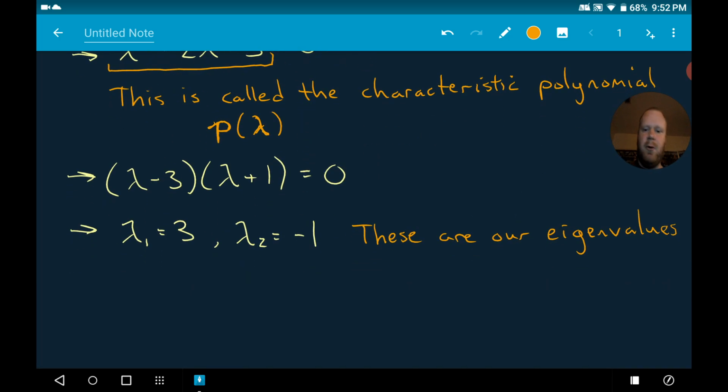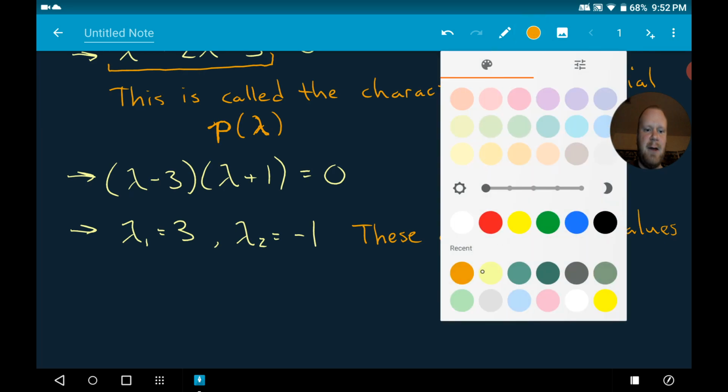Okay, so once we found our eigenvalues, we can use these to find the eigenvectors.